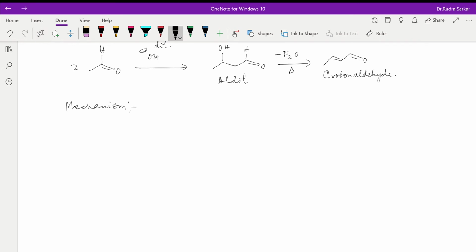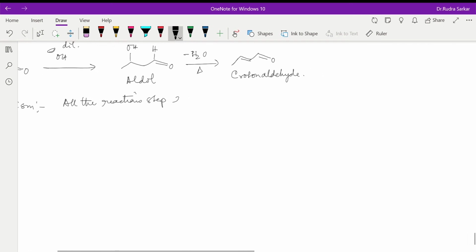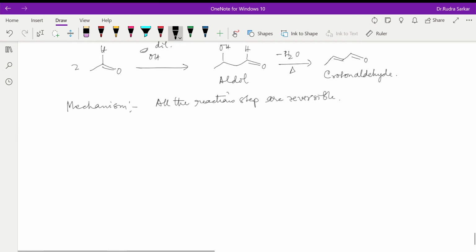First, here all the reaction steps are reversible. Okay, or I should say the reactions are reversible.